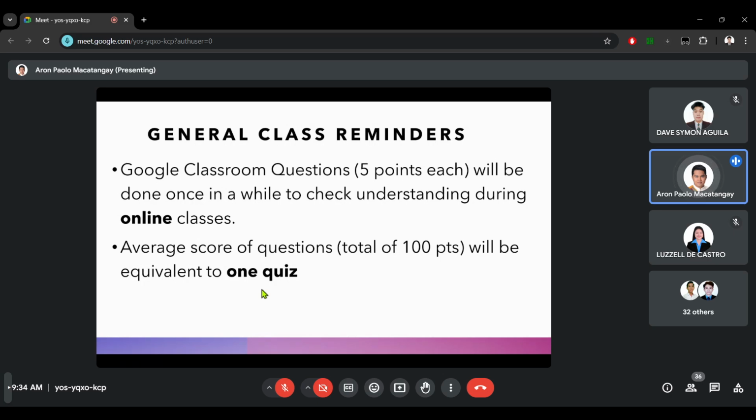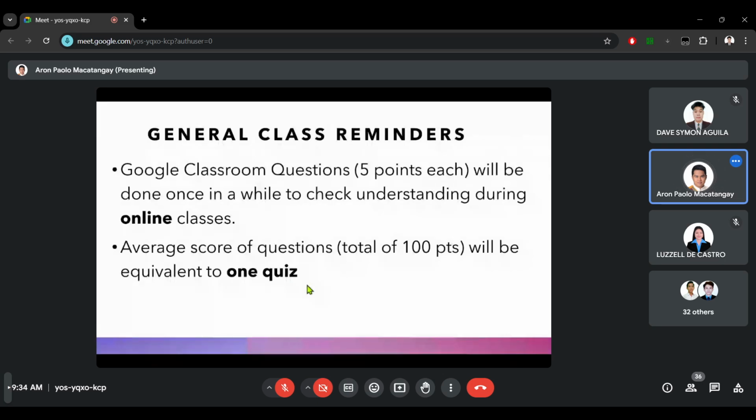Any clarifications? So the grouping, I will just send you in the Messenger group chat the number of groups and the number of members each, and then you will just reply with your groupings, the names of each group. If by the end of the day you do not have a group yet, then I will be the one to group the remaining people.